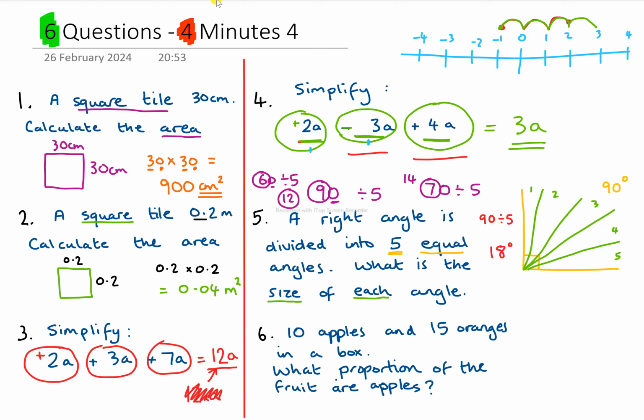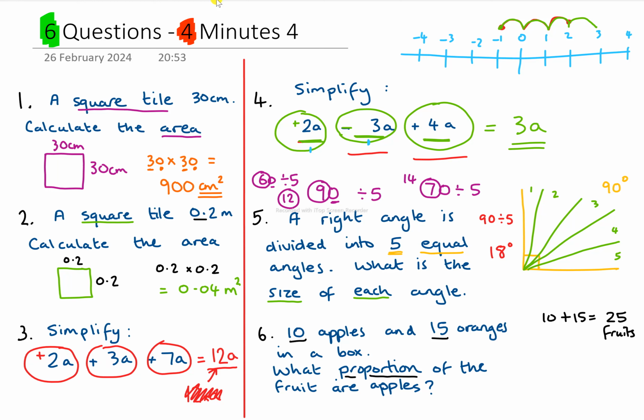Okay. Right, look at this question here. We have 10 apples, 15 oranges in a box. So we've got 10 plus 15. We've got 25 fruits. What proportion, right, not ratio, don't get this mixed up. Another way of looking at proportion for you, maybe look at it as what fraction of the fruit are apples.